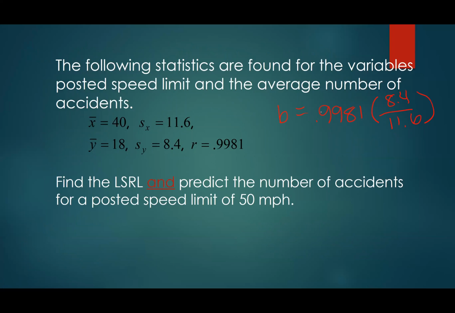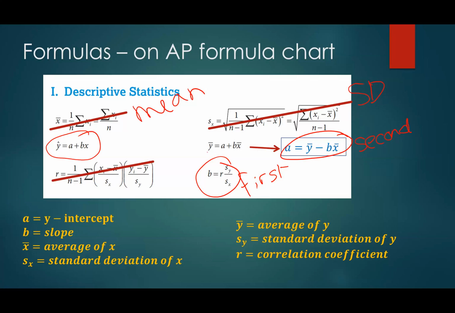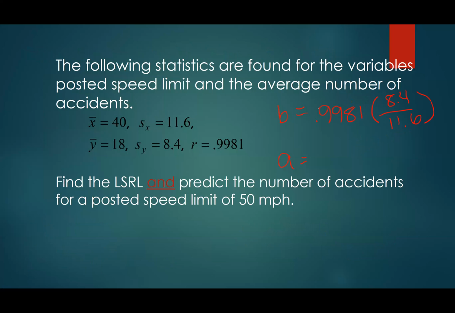And then after we get that number, we find A. So A equals, so remember on the formula chart, it says Y bar equals A plus B times X bar. I can easily manipulate that by subtracting: Y bar minus B times X bar. So Y bar is the average of Y minus B, so whatever that number is will go down here, times X bar, which is 40.